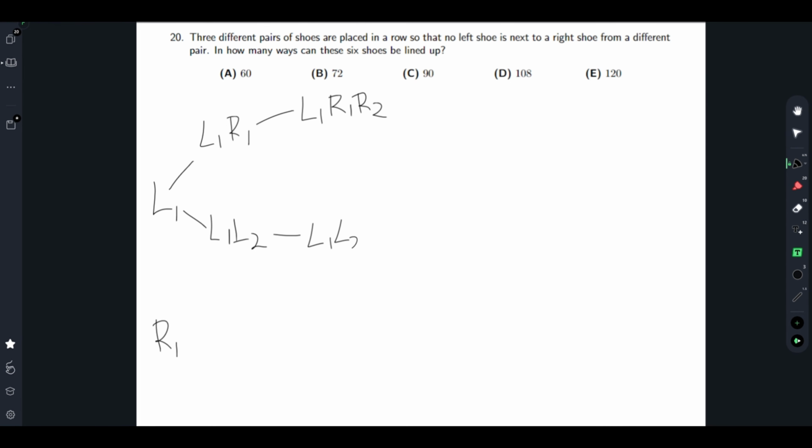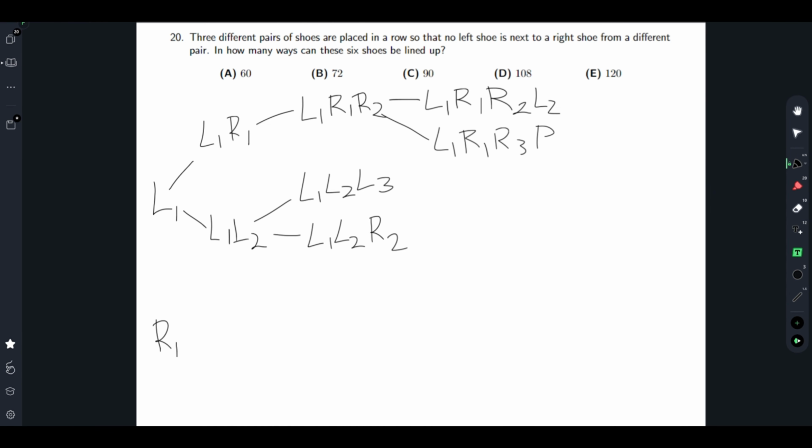And we just continue listing cases, not too hard. From here on we can have L1, L2, L1, R1, R2, and L2. Or we can continue on with the R's. From here we have to do R3, and from here we can do not R1.